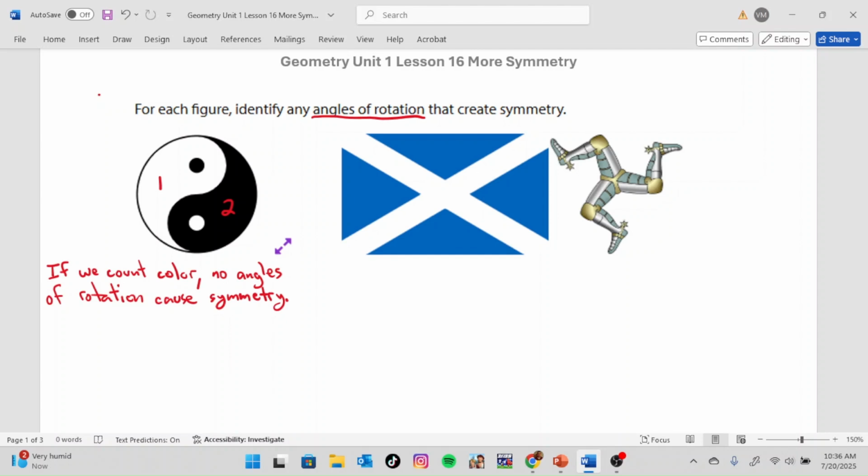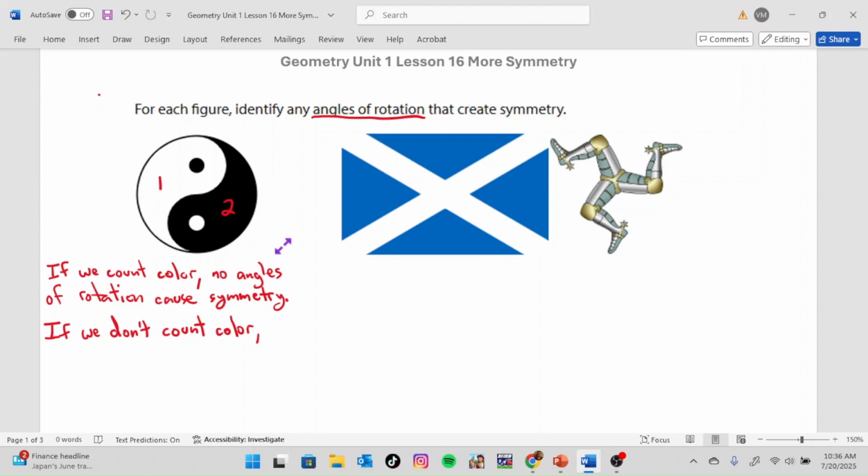But if we did not count colors, then the way that I would look at this is that I have two repeating shapes.